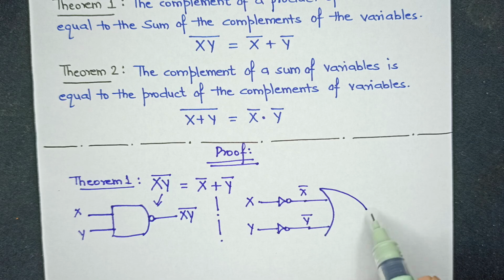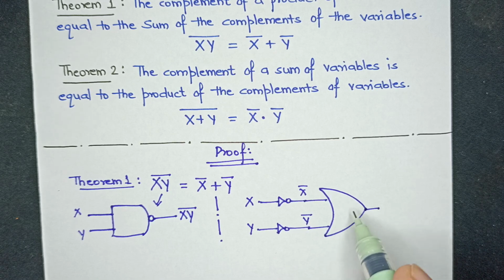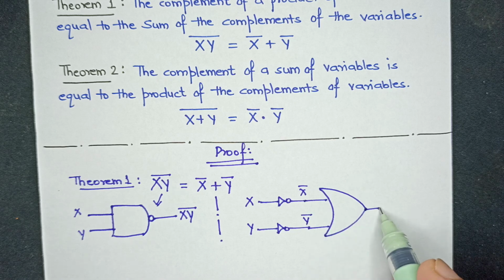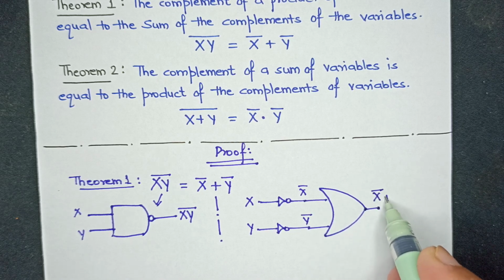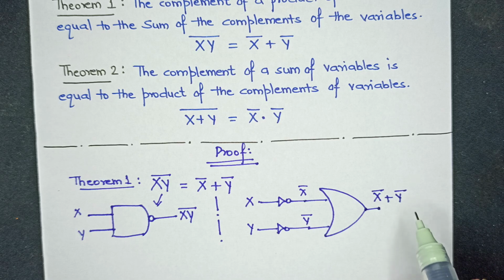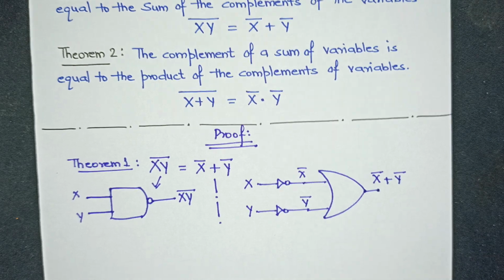So let me add an OR logic gate and see what the answer is. Whenever you supply inputs to the OR gate, it technically adds them. So this is x bar plus y bar. So this is one part of the solution. So as you can see, this is the output of this particular logic gate, and this is the output of this particular logic gate.